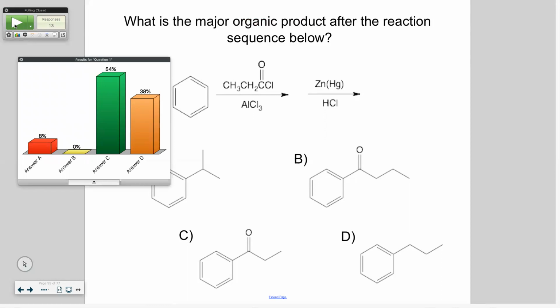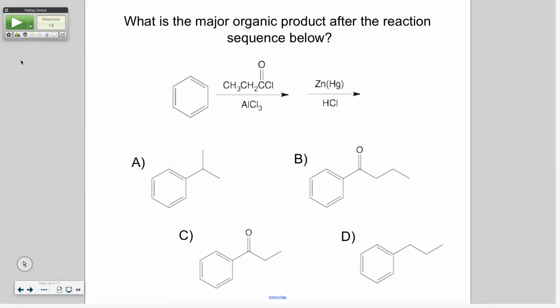Okay, so what is the first reaction called? Friedel-Crafts acylation, okay, and you put carbonyl and whatever the R group is on the ring through an acylinium ion. Okay, then what is the zinc, mercury, and HCl called?